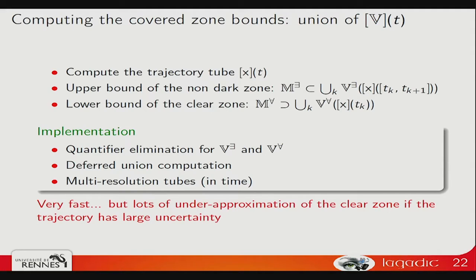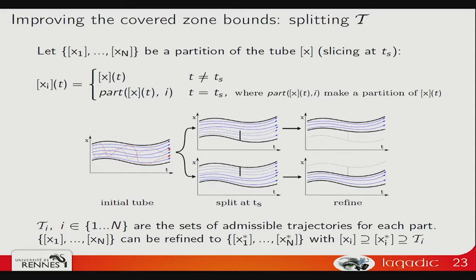So it leads to very fast results, but the main problem is with the clear zone, which is a lot under-approximated, and it may sometimes be just empty if we have great position uncertainty. So to improve the clear zone bounds, what we can do is split the feasible trajectories.